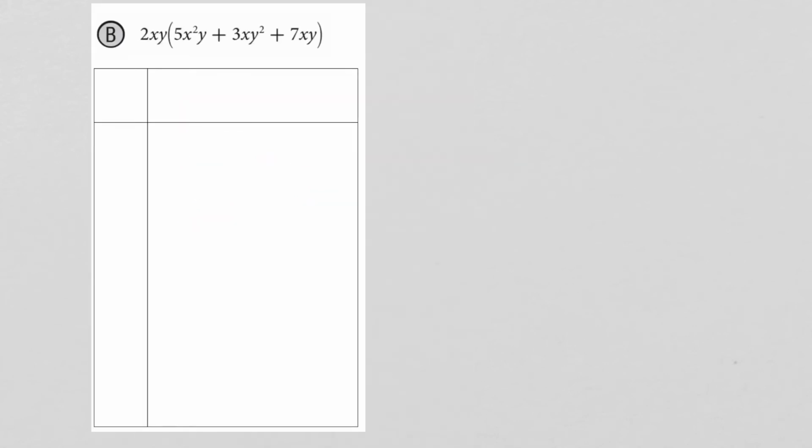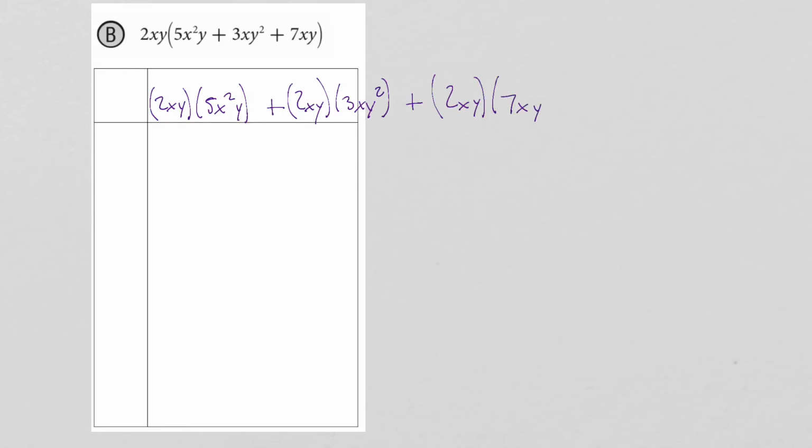So let's take another look at another example. If I distribute this, I wind up having 2xy times 5x squared y plus 2xy times, and I write kind of big, so I'm going to run out of space here, 3xy squared plus 2xy times 7xy. And let's start adding all the things that don't have an exponent power.